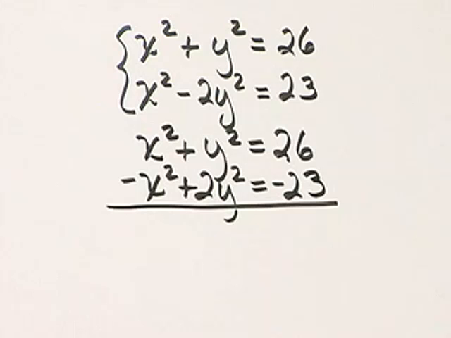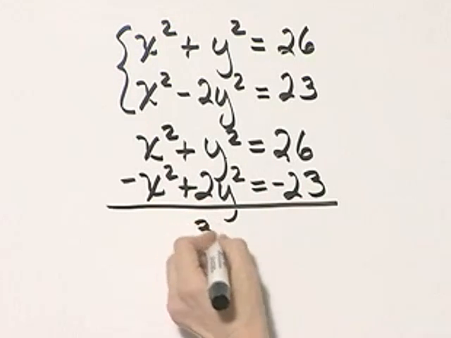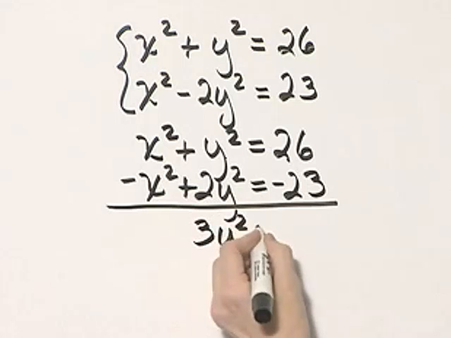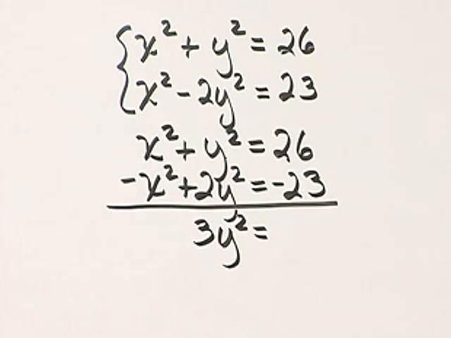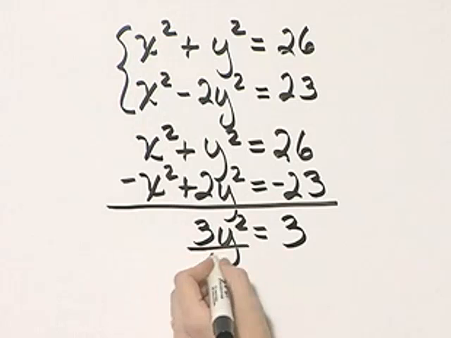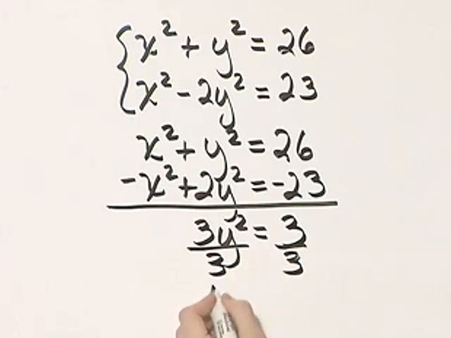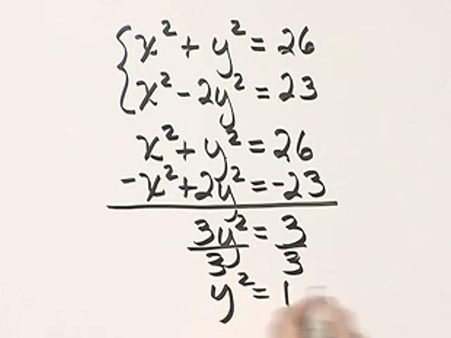Notice now the x squareds subtract out like I want. y squared plus 2y squared is 3y squared, and 26 minus 23 is 3. To solve, let's divide both sides by 3, and we'll have y squared is 1. Then do not forget how to solve this.